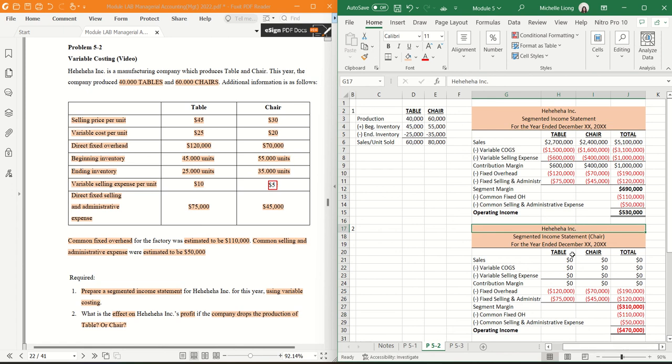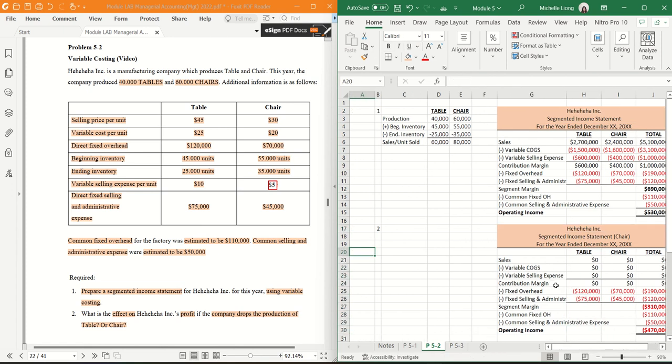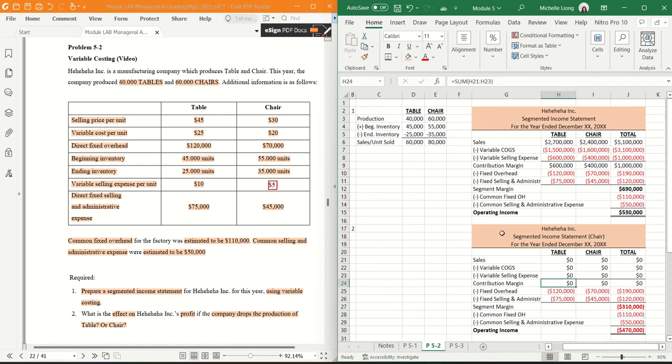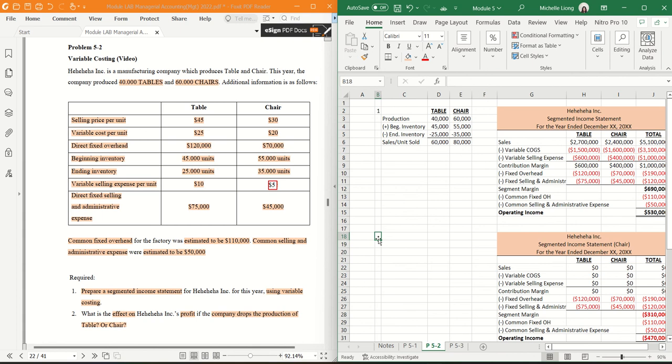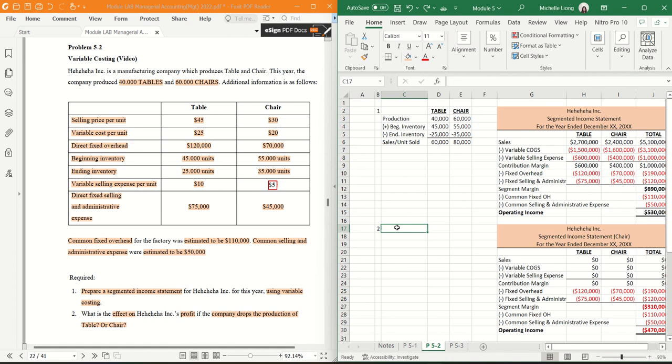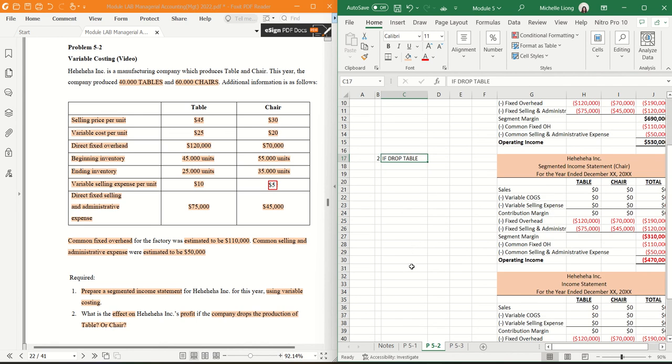So in this case, oh sorry, if drop table. Okay, this one is if drop chair.